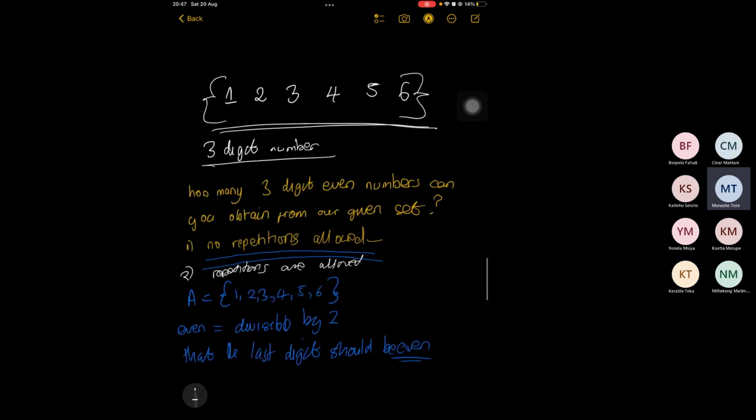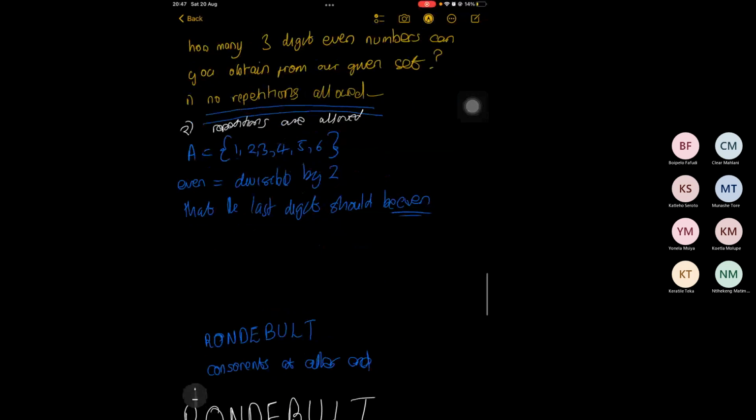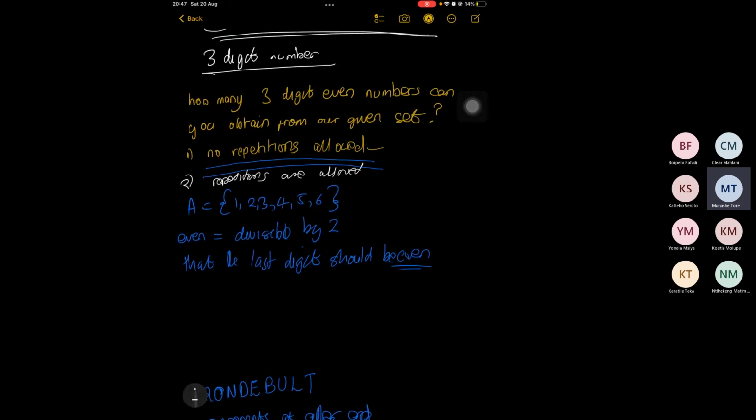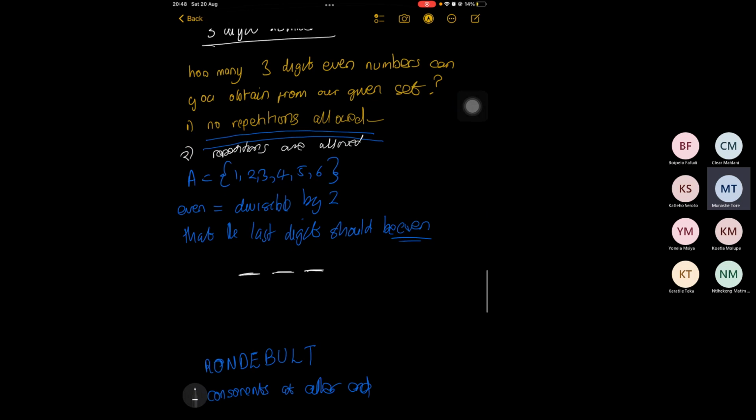It's almost similar to the one where we said a 3-digit number that is divisible by 2.